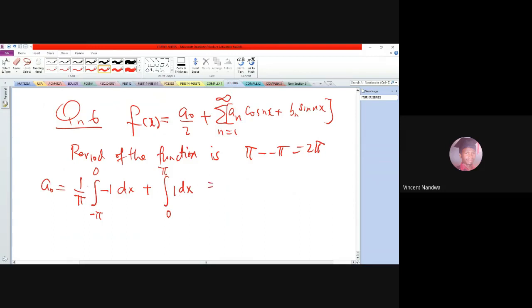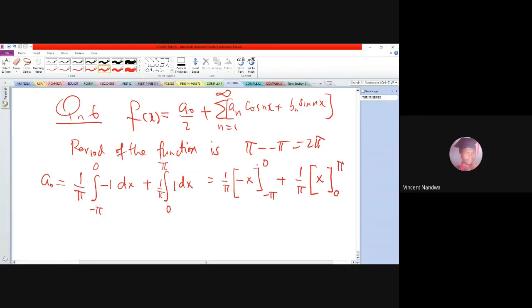So this will give us 1 over pi times minus x from minus pi to 0. Let's do it step by step. Then plus 1 over pi times x from 0 to pi.